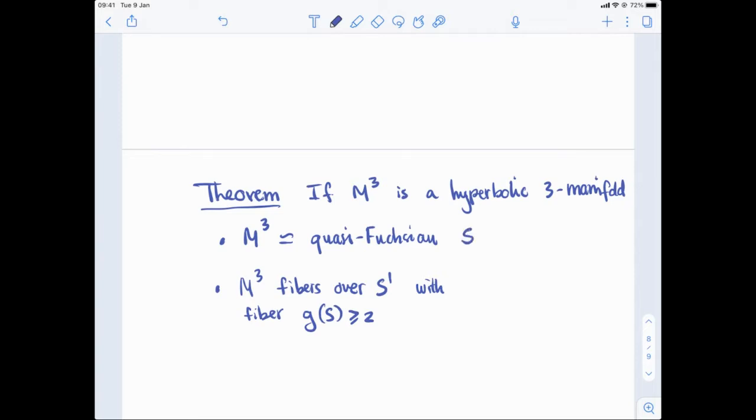I'm just stressing this out. And then quasi-Fuchsian means, topologically, it will be S × ℝ.